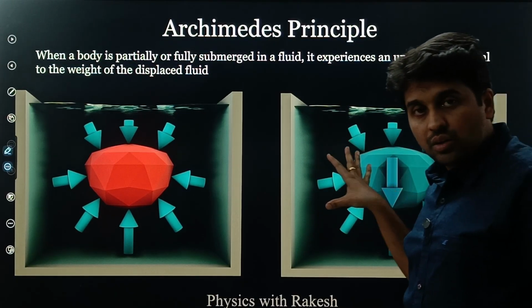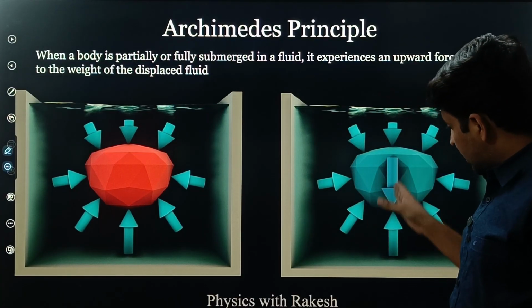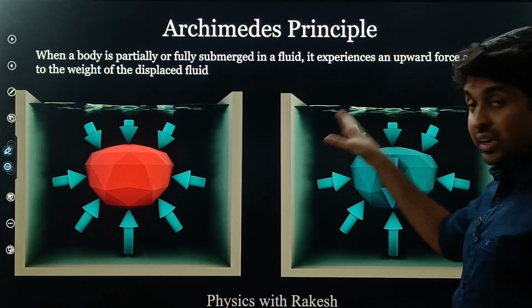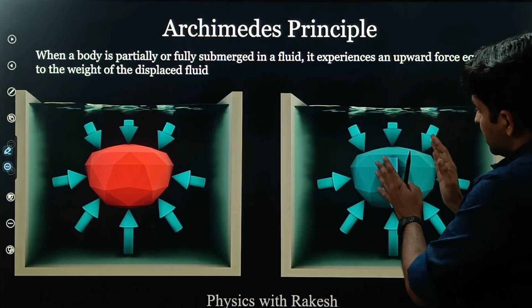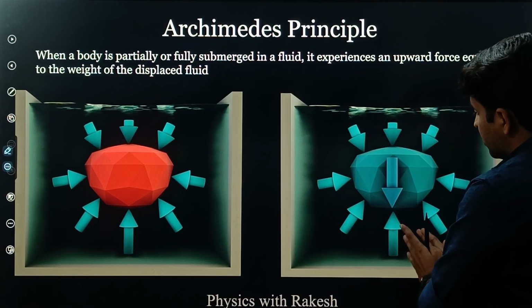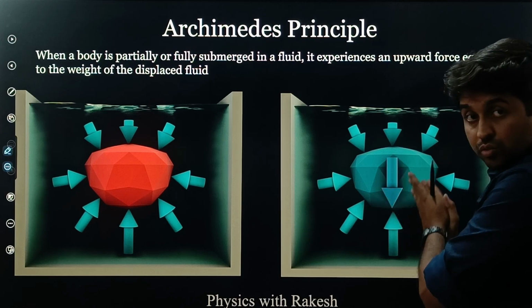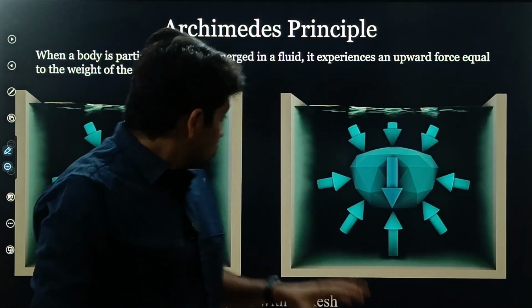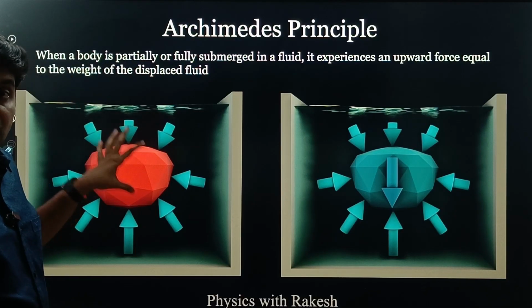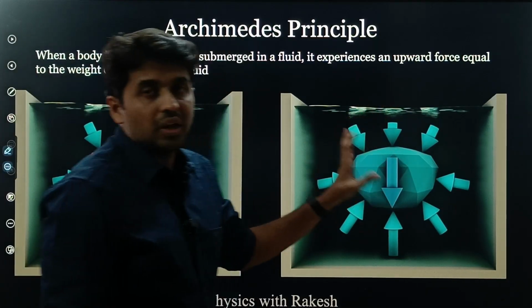So if it is in equilibrium, this gravitational force must be equal to the net pressure force on it. So this net pressure force is equal to the gravitational force of this fluid, and this fluid is nothing but what was displaced by the body. So the buoyancy force on this is equal to the weight of the displaced fluid. That's it.